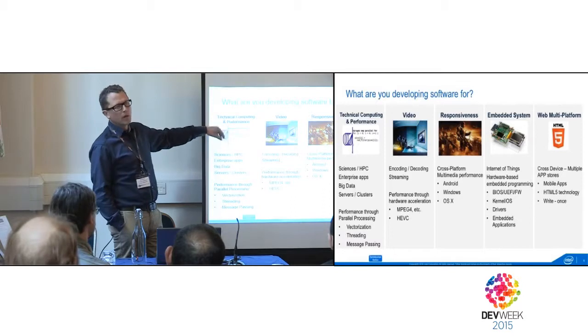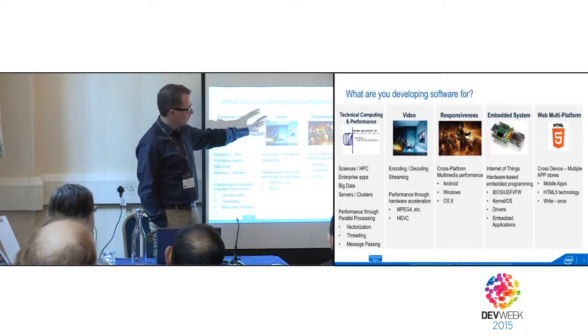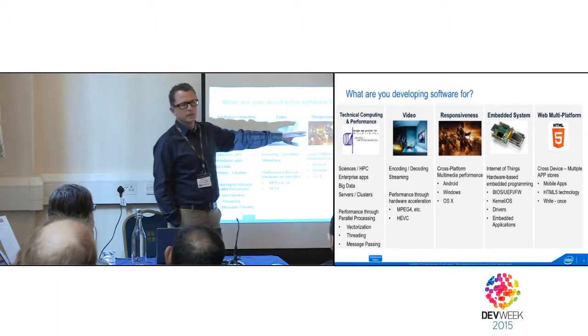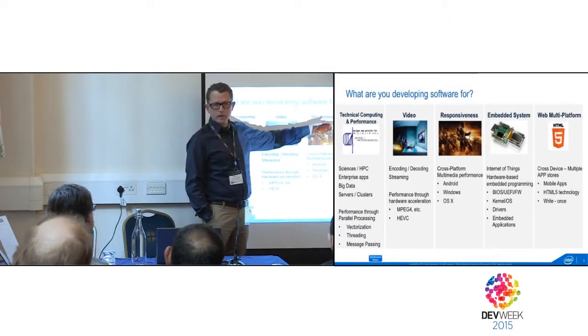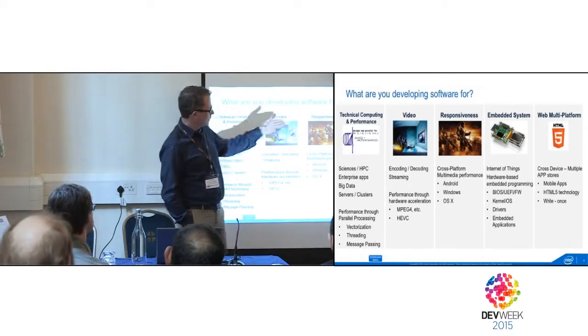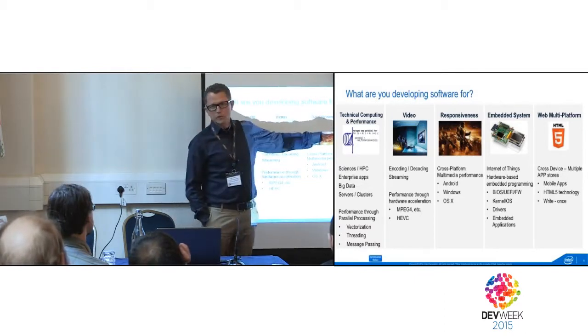And it includes photo processing, signal processing, all that stuff. Then video encoding, decoding. I'm going to show you more about that later. Responsiveness. If you develop in C++, often it's because you're interested in responsiveness, right? You don't want applications that are slow to respond to the users, so it's about responsiveness. And embedded systems, of course.